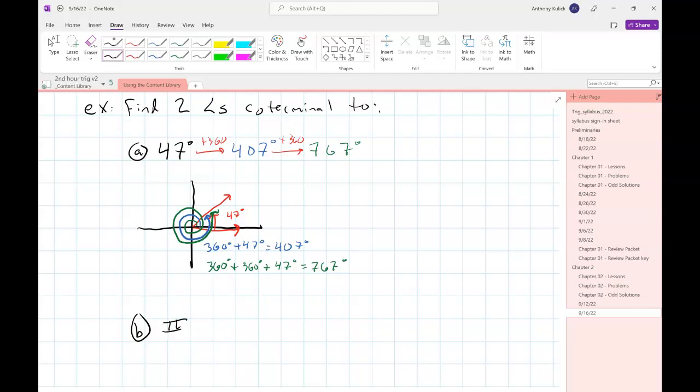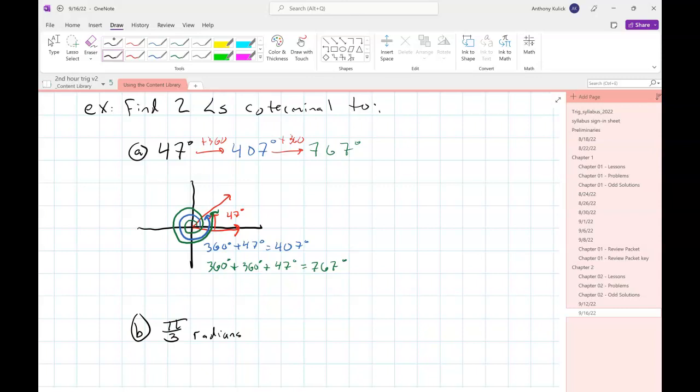What if instead of an angle in degrees, we gave you an angle in radians? Oh no! Don't fear, it's not a big deal.